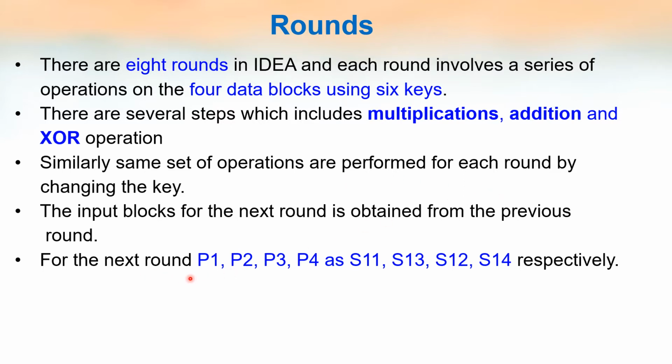For the next round, P1, P2, P3, P4 is changed to S11, S13, S12, S14. So there is a swap between S12 and S13 to give the input to the next round. Input blocks for the next round are obtained from the previous round.